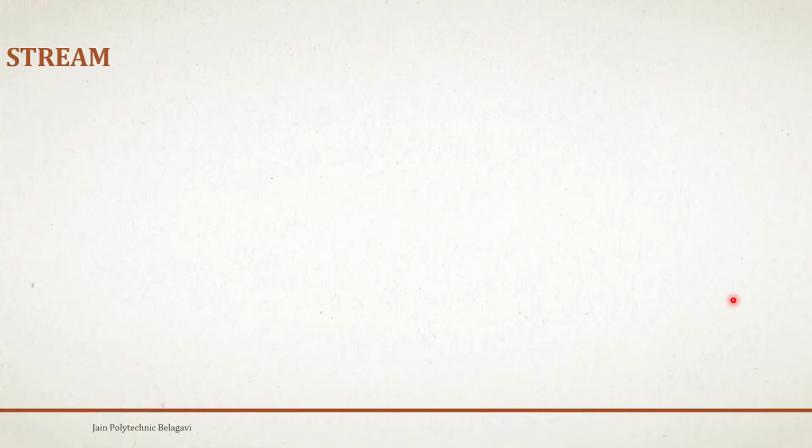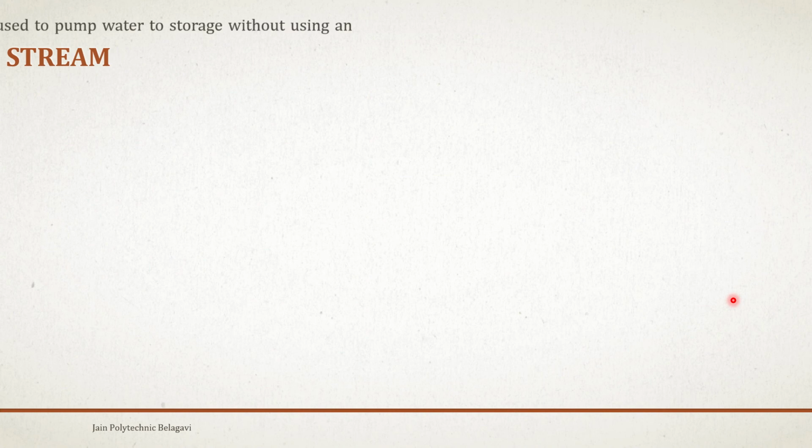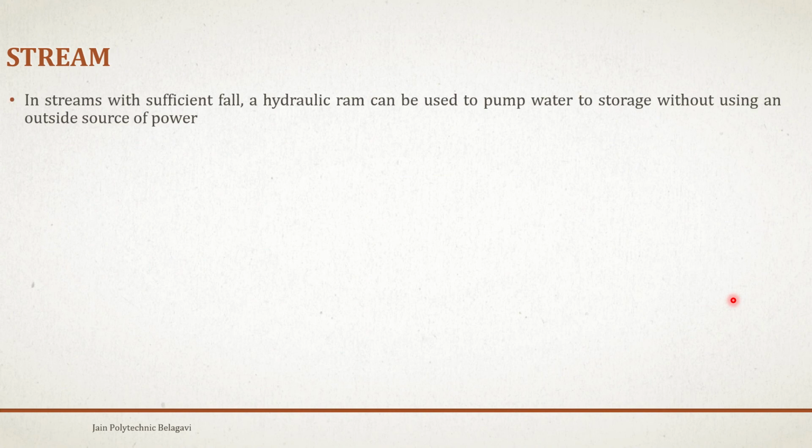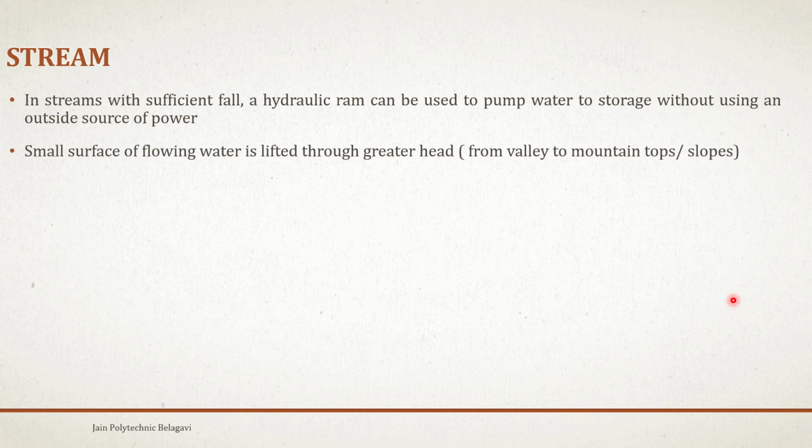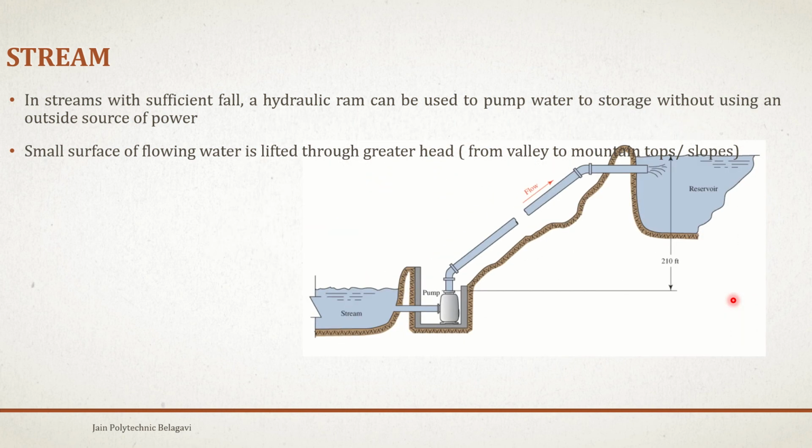So we'll now go through the stream. What is a stream? In streams with sufficient fall, a hydraulic ram can be used to pump water to storage without using an outside source of power. A small surface of flowing water is lifted through greater head from the valley to mountain tops or slopes.